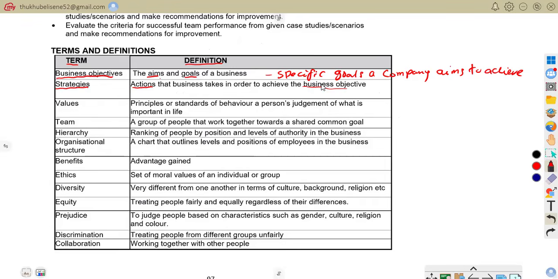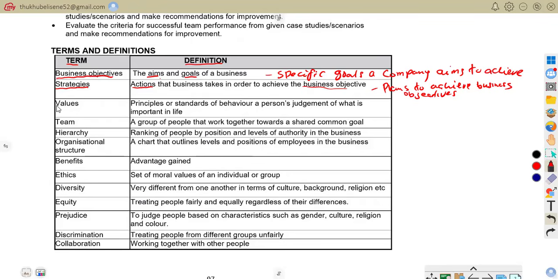The strategies are plans to achieve business objectives. For example, launching a new product line to expand market share. That is a strategy whereby you launch a new product line so as to expand your market share.